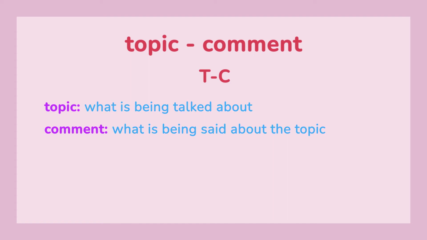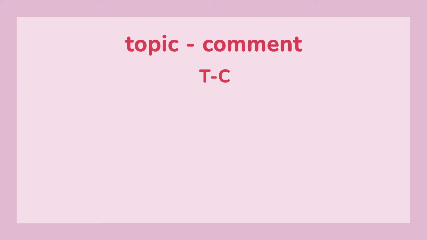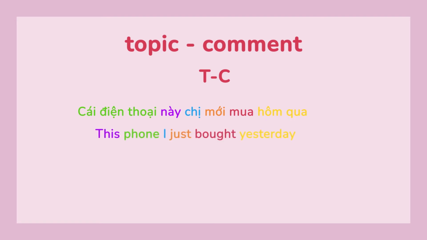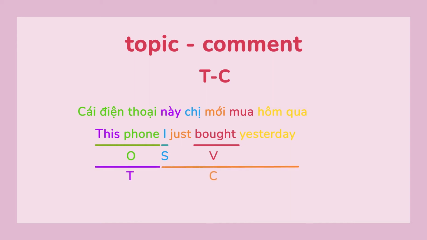For example, cái điện thoại này chị mới mua hôm qua. This phone I just bought yesterday. If someone doesn't know about the TC structure, they might consider the structure of this sentence is OSV, but in fact, the structure is rather TC.